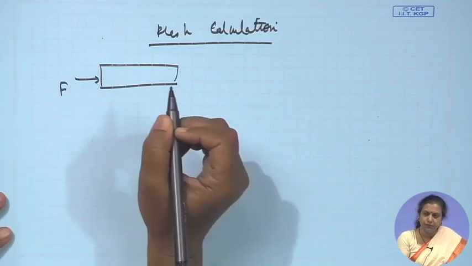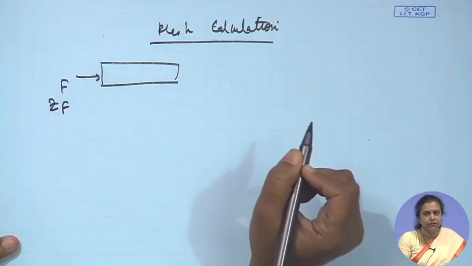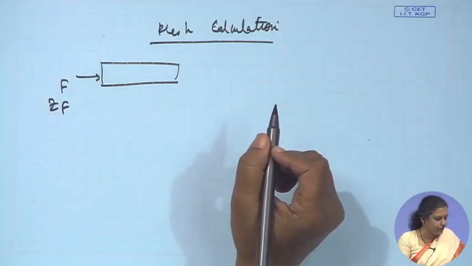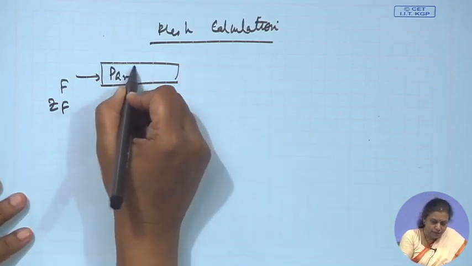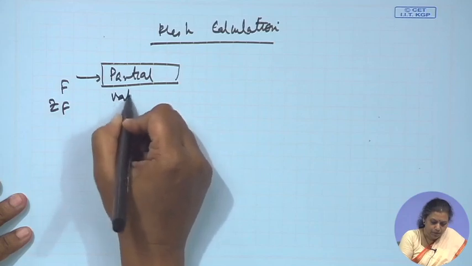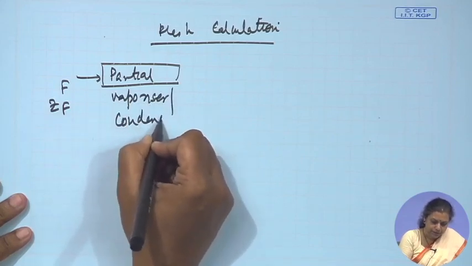It can be a vapor feed, it can be a liquid feed. To make matters general, I would like to denote the feed composition as ZF, right, and then it is introduced into a partial vaporizer or a partial condenser, whatever the case may be.